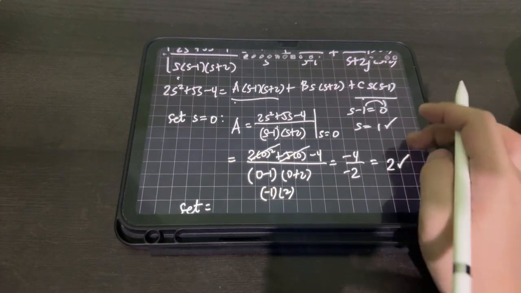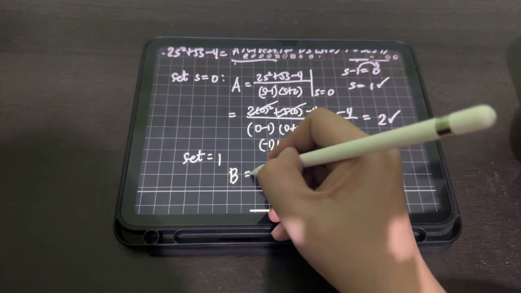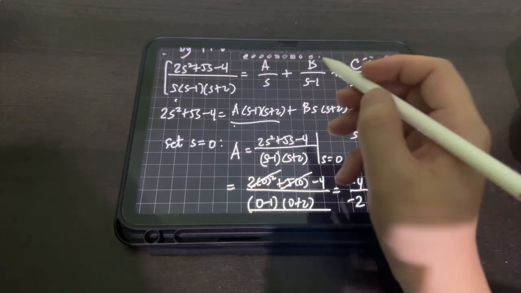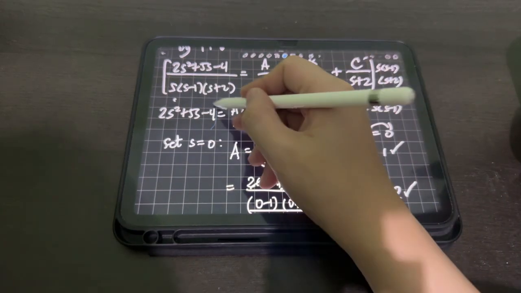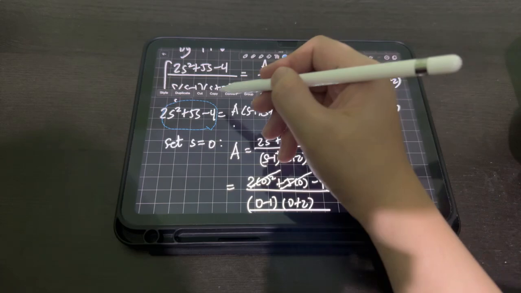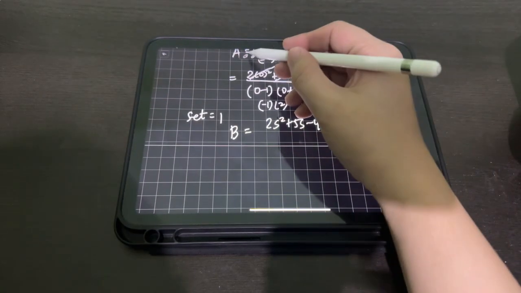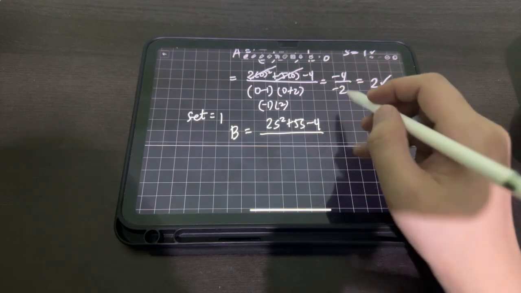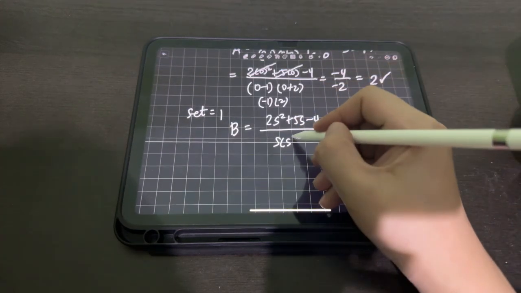S is positive 1. So when we set S equal to 1, we can directly solve for B equal to the expression on the left side. Okay, copy. Then divided by the coefficient of B, S times S plus 2.